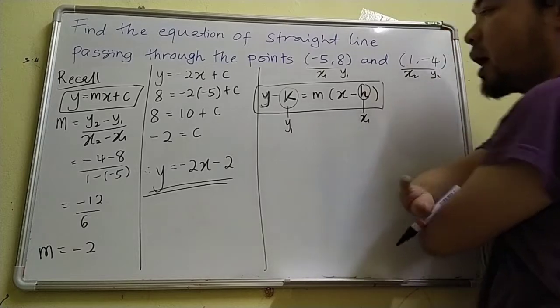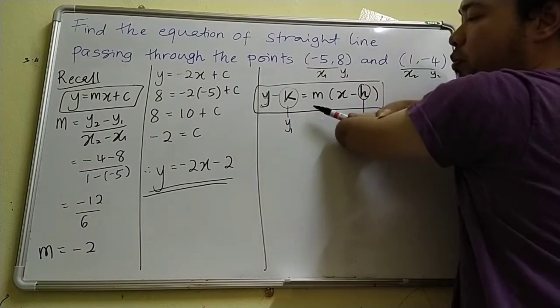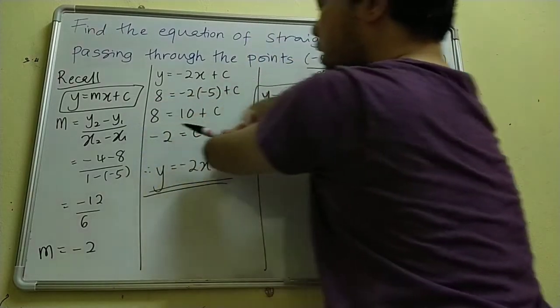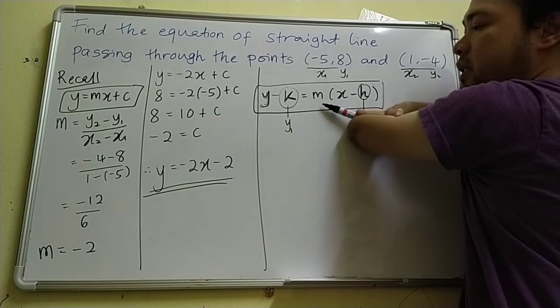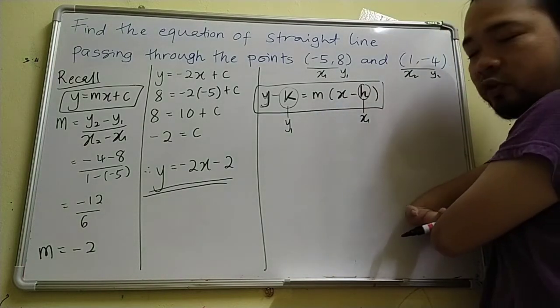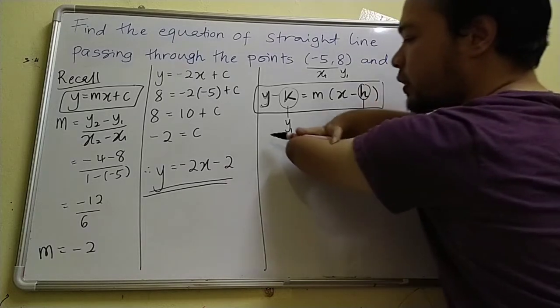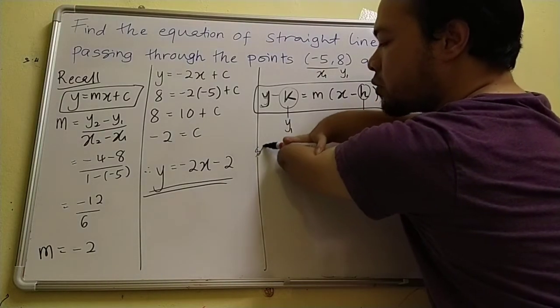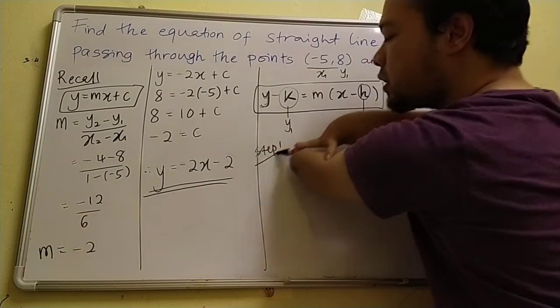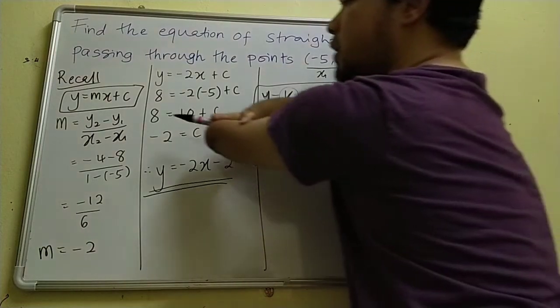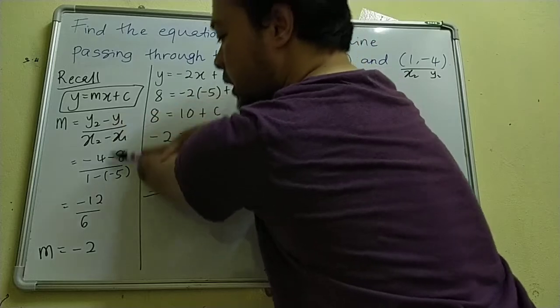Now, how to use this formula? If you compare this formula and the previous one, there is no y-intercept inside this formula. So how to use it, step by step? Step number 1: what you need to do is exactly the same as you did before. Find the gradient.